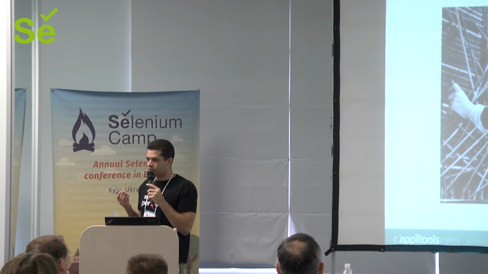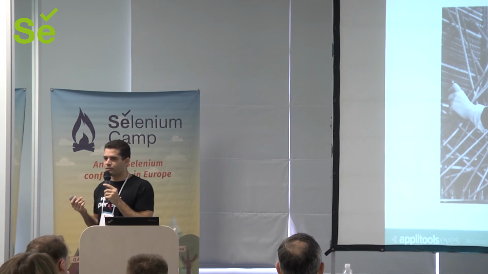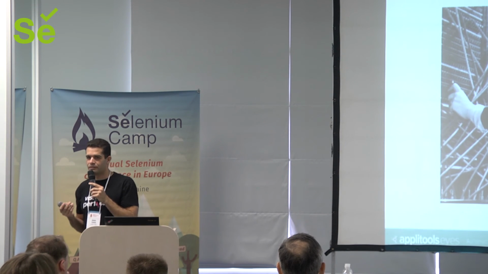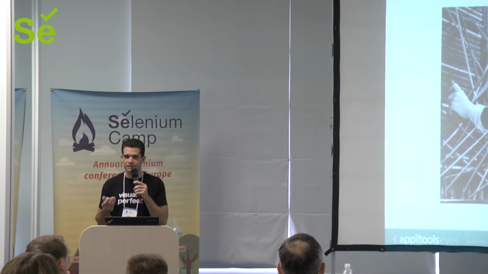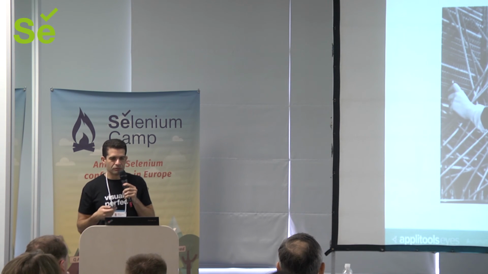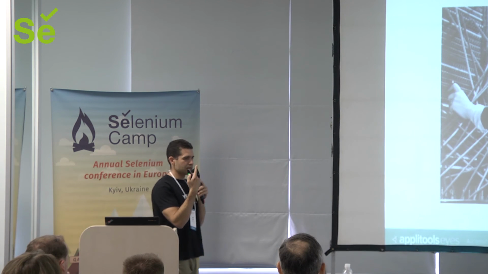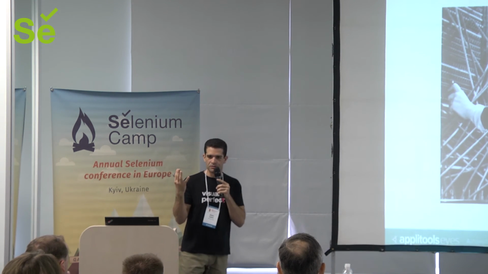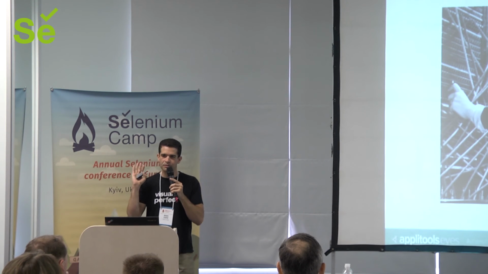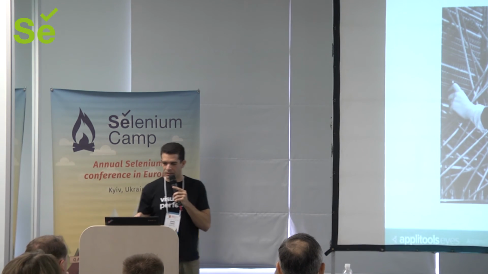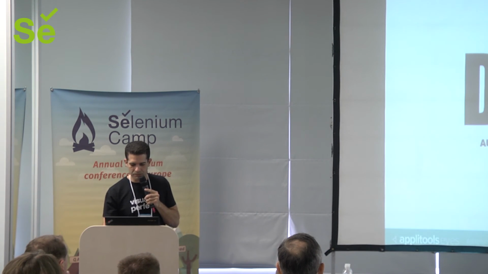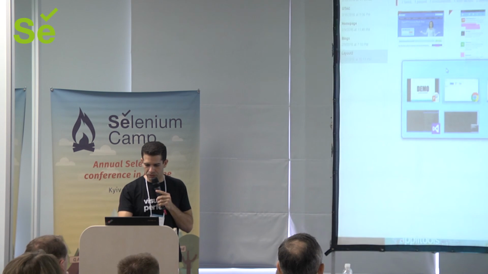Just imagine how frustrating it is if you have 1,000 tests and now 500 of them fail for the exact same reason. What you would really like to do is look at that single instance of change once, decide what to do with it, let's say approve it, and have the tool take care of the rest. This is exactly what automated maintenance is, and I'll show you how it's done.